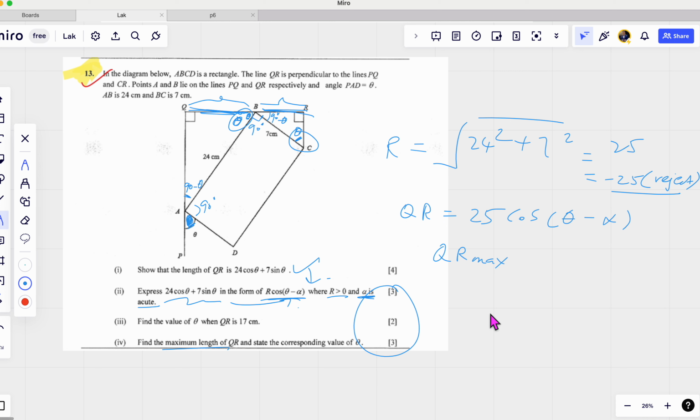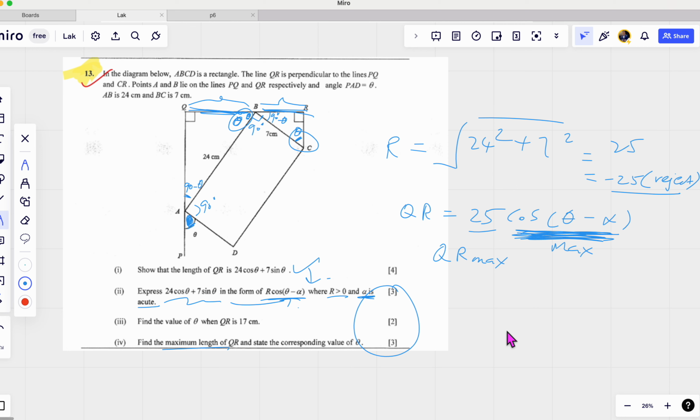In order to be max, you have two terms here: the cosine term and then the 25. The controlling term is actually this term. So what's the maximum value of this? What's the cosine max? 1. Why 1?